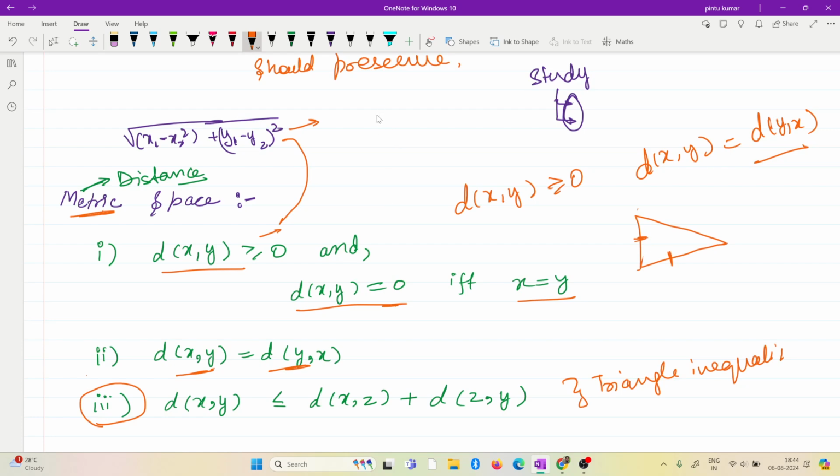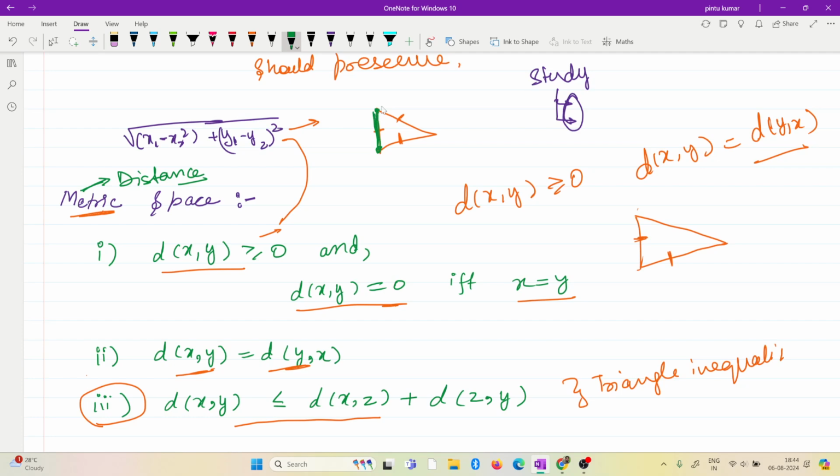So if you take any combination of two sides, the sum of their lengths is always greater than the third side. That is the motivation behind this triangle inequality. So here, how were we measuring the length of a side? We are taking the distance between these 2 points. That is the length of this side.